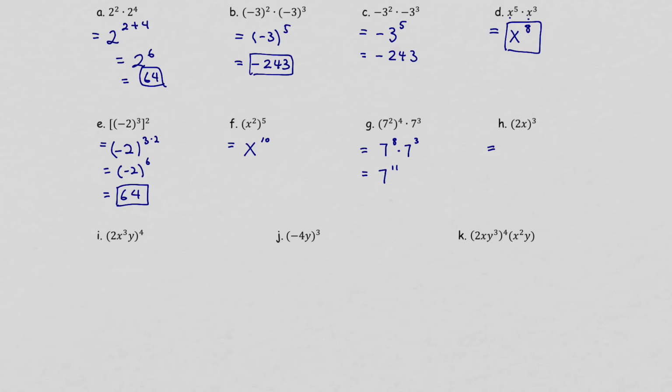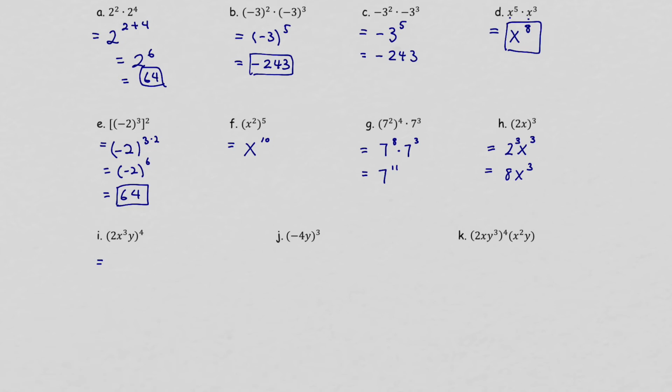This is the one that you can distribute because it's multiplication, 2 times x, right? So you can distribute 3 to the 2 and 3 to the x, which will give you 8x cubed. This is another one you can do the distribution. Why? Because it's all multiplication.